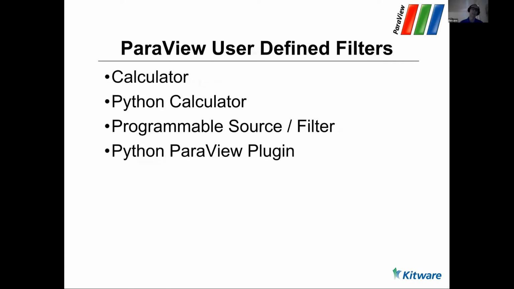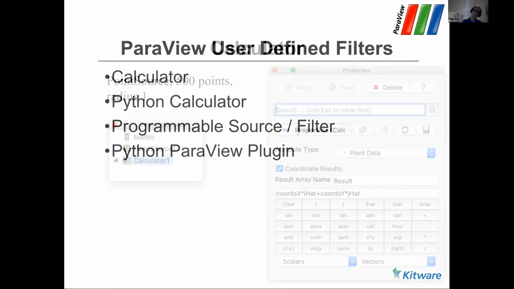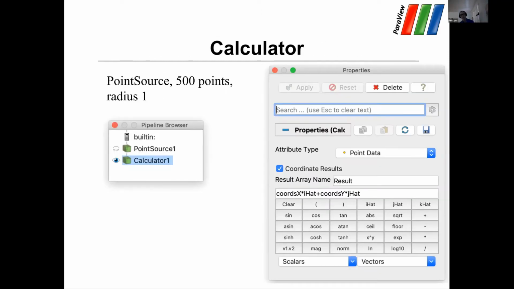So calculator provides you like a calculator interface that allows you to use a formula and compute a derived attribute. So you can access existing attributes using these controls, scalars or vectors.